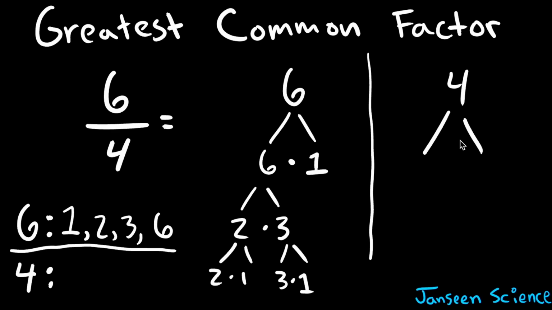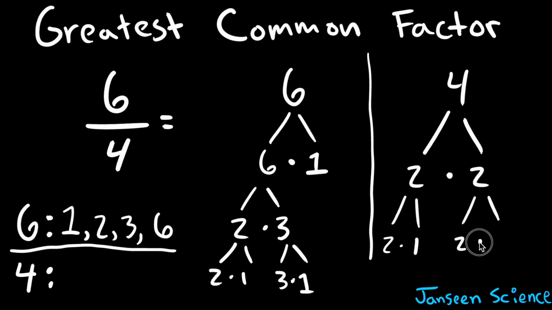Now looking at 4, what can give us 4 when multiplying? Well, 2 times 2 equals 4. And that's it, because 2 and 2 are prime numbers. So we stop there because the only factors are 1 and 2.